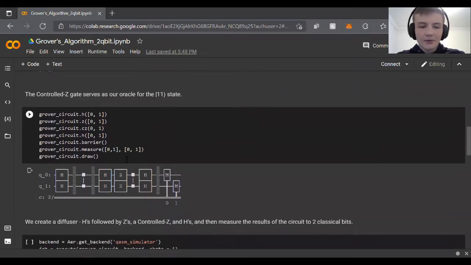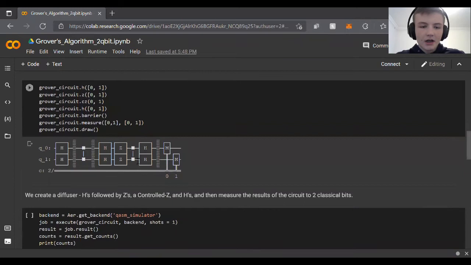And then lastly, we will define our diffuser, which is a series of H's, Hadamards, followed by Z gates, followed by a control Z, and more Hadamards. And then we will measure the circuit to 2 classical bits, which we can see at the bottom, and that ends after this barrier over here. So this looks like this in Qiskit.